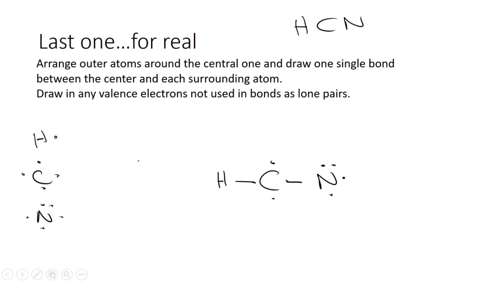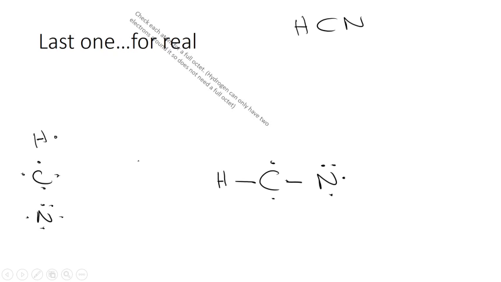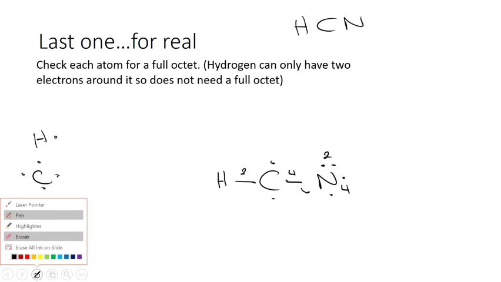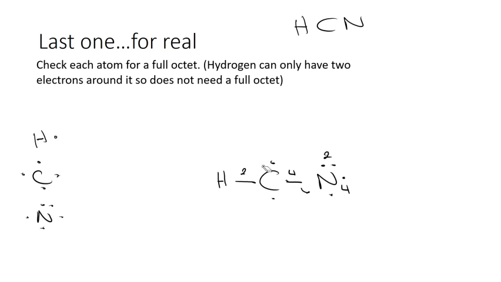Great. Now we check full octet. Looking at carbon, hopefully right away you can see not a full octet. We've got 2, 4, 5, 6. For nitrogen, we've got 2, 4, 6. So neither nitrogen nor carbon has a full octet.